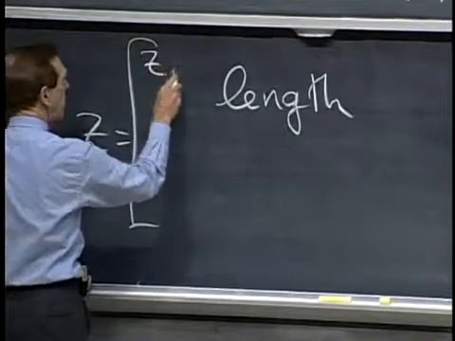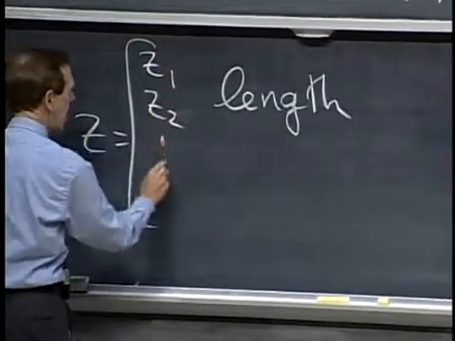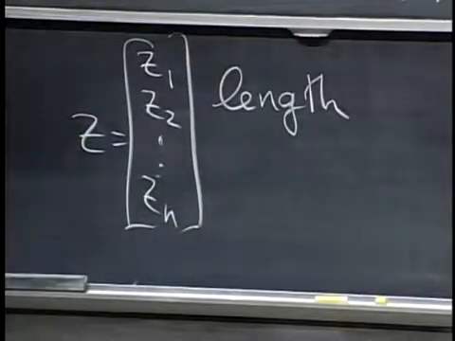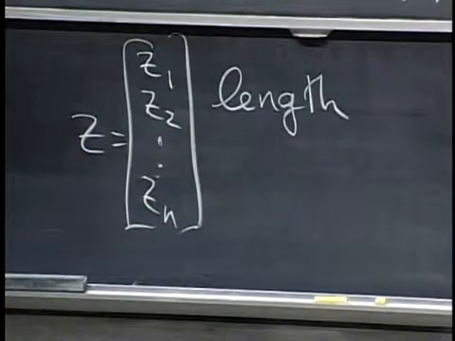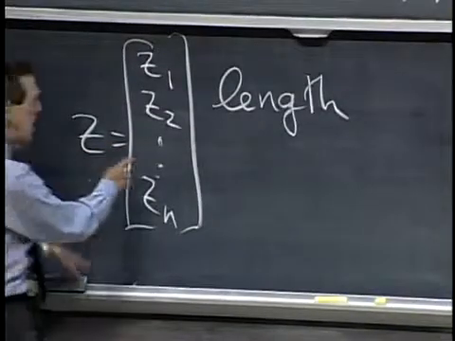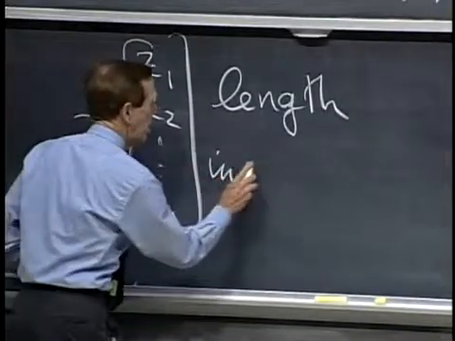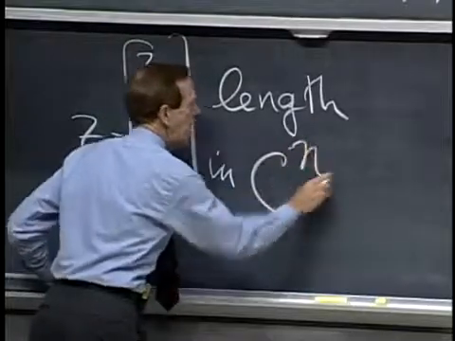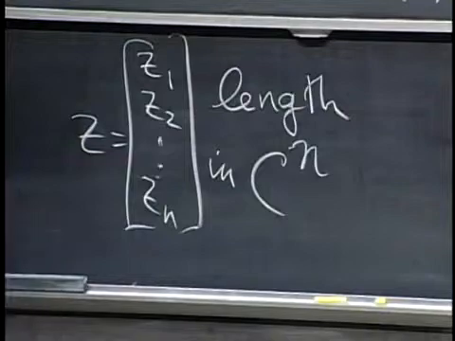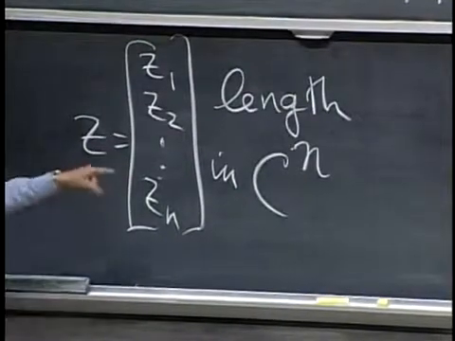But it's a vector z1, z2, down to zn. So the only novelty is it's not in Rn anymore. It's in complex n-dimensional space. Each of those numbers is a complex number. So this z is in Cn, n-dimensional complex space instead of Rn. So just a different letter there.